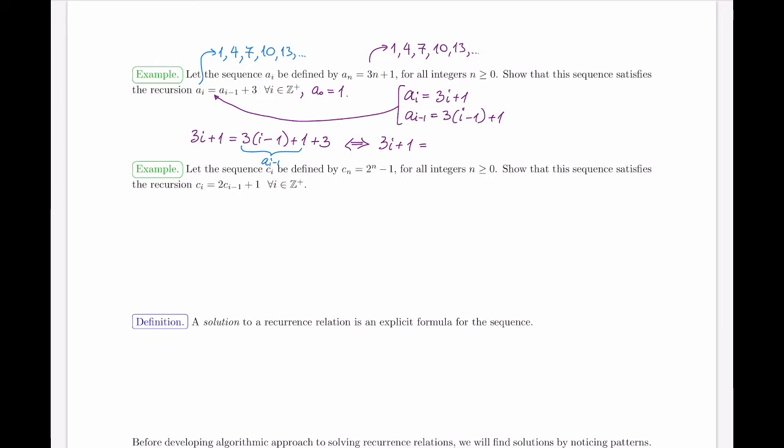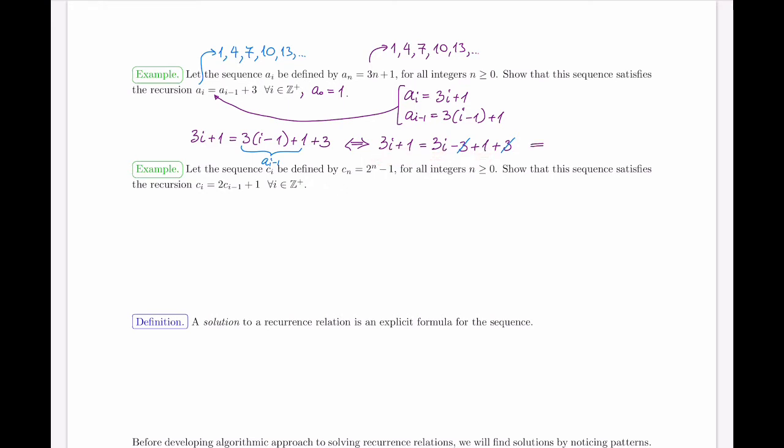What about the right-hand side? I have 3i, so let's record that, 3i, and then I have minus 3 plus 1 plus 3. I'm just going to leave it as plus 1 plus 3, because I already know that these 3s are going to cancel: I just wrote down minus 3, and then I'm going to write out plus 3. What I have left is 3i plus 1 on the left and 3i plus 1 on the right.